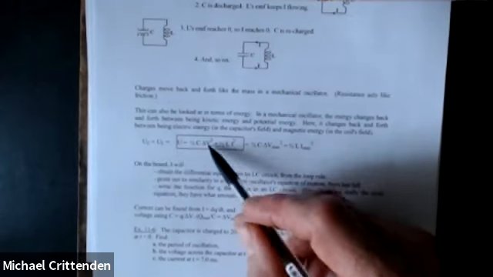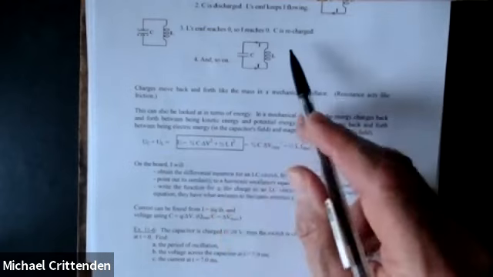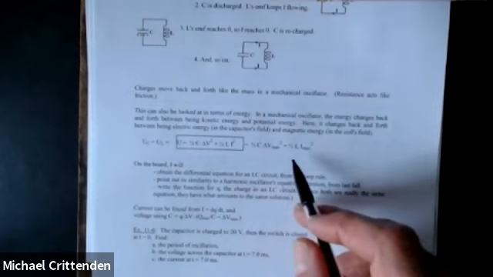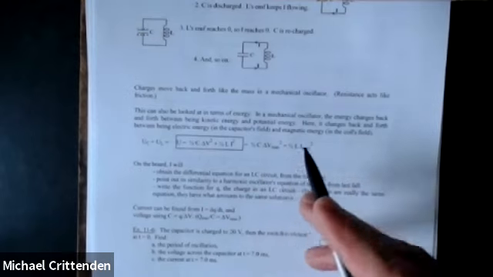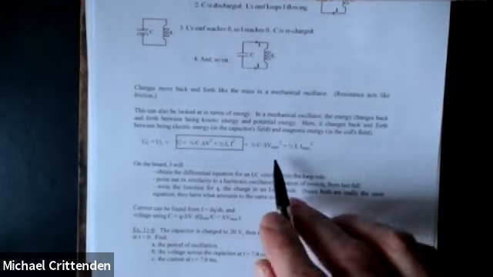Add the two of them together, that's the total energy stored in this circuit. And you could use this to solve conservation of energy type problems, similar to those that I threw at you in physics 131 for a mechanical oscillator.